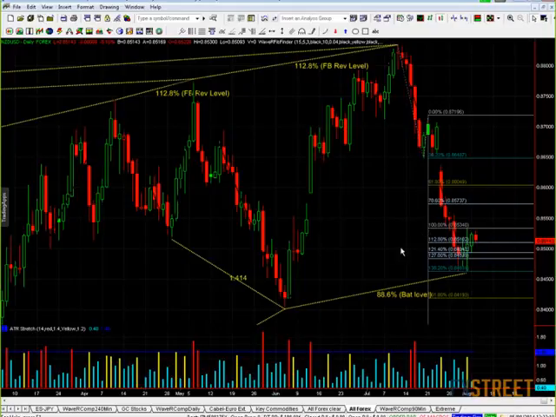And this has actually illustrated yet another little Fibonacci feature of the ABC move, and that is that this one has come down to 138.2%. And it's decided that level is also coincident with a BAT level, an 88.6 level retracement.